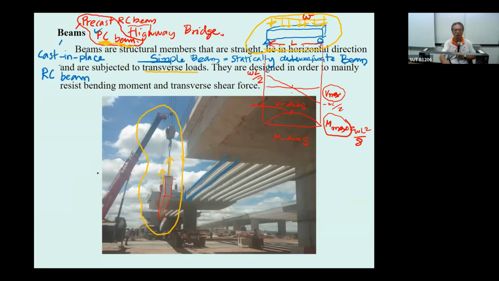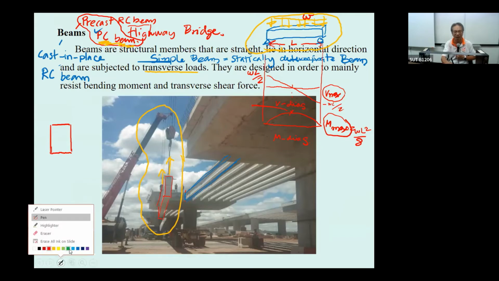Okay, and then when you're talking about this, if the beam is a reinforced concrete beam, you may know that most of this beam has the rectangular section, and this beam usually is reinforced by steel. Okay, why is this beam usually reinforced by steel?